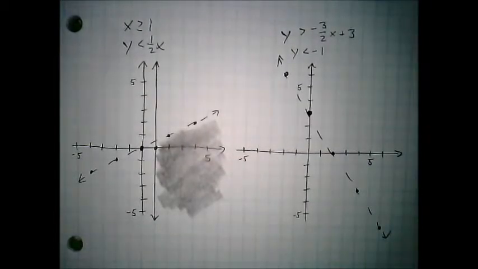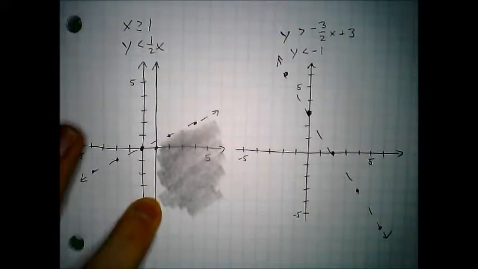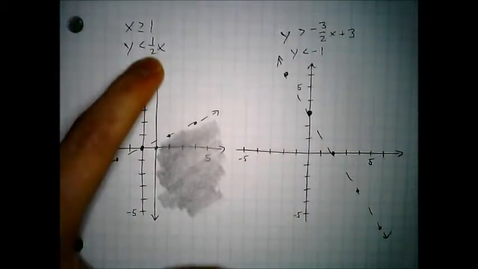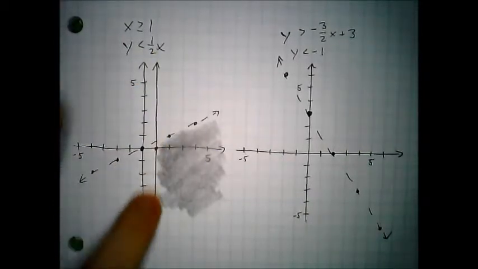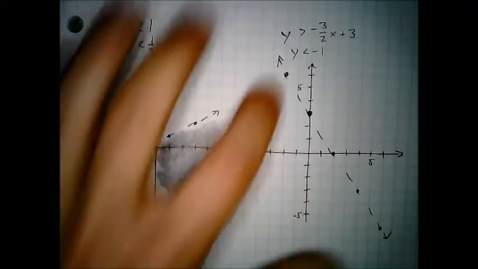Now we have just the line y is less than -1. Again, this might be something we're not so familiar with, but this line is actually very easy to graph. Over here, when we had x is greater than 1, we graphed the boundary line x equals 1, where all the x coordinates had to be 1, so we had a vertical line at 1.